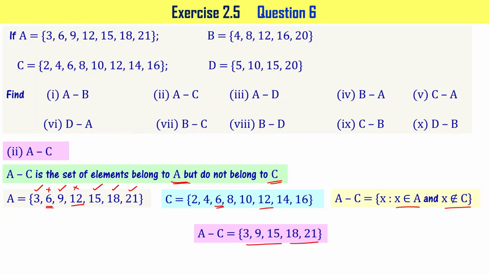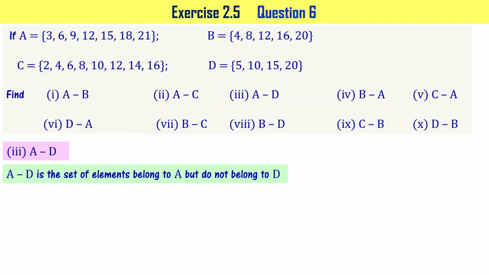Now let's go to the next part of the problem, that is A minus D. A minus D is the set of elements that belong to A but not belong to D, right?